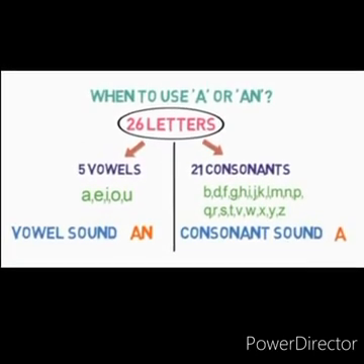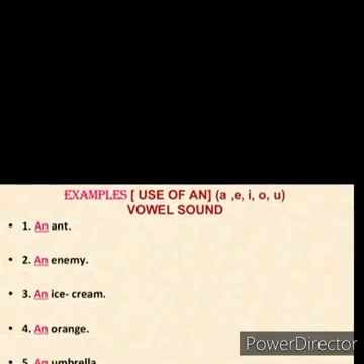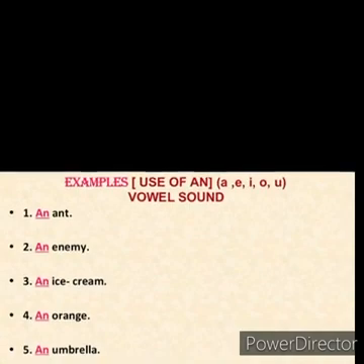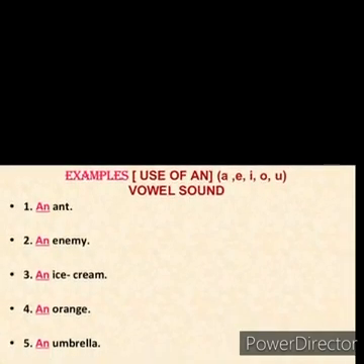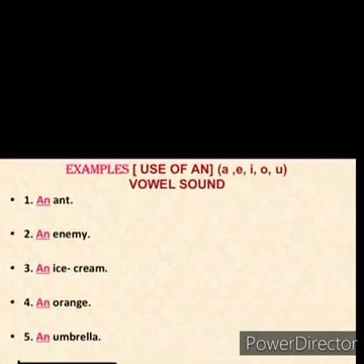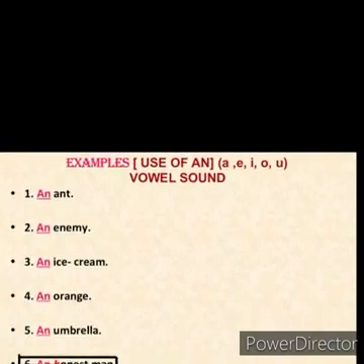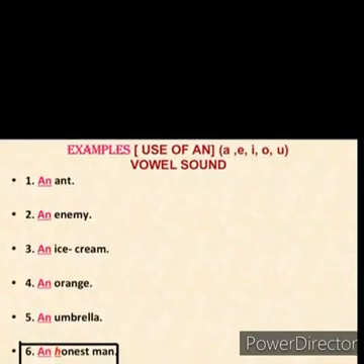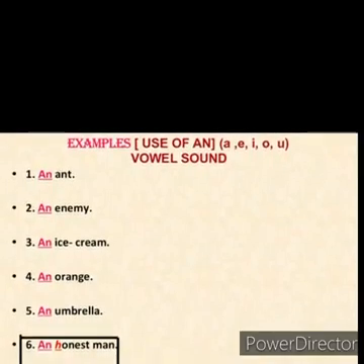Let's understand this with examples. Now we use article an before a vowel sound like an ant, an enemy, an ice cream, an orange, an umbrella, an honest man, an hour.